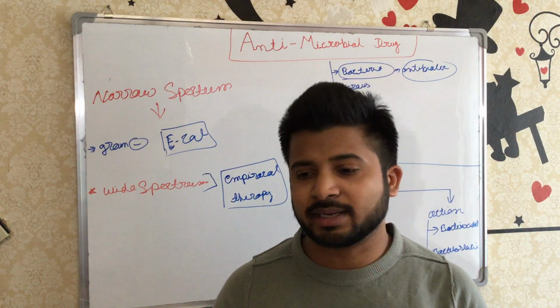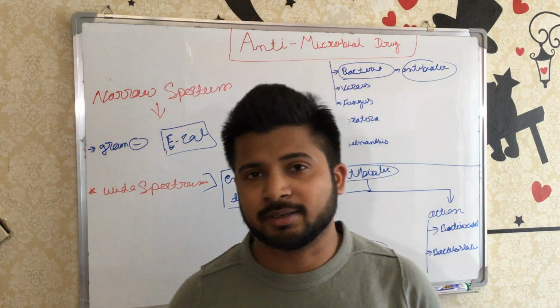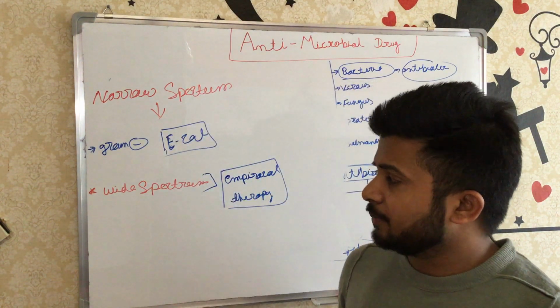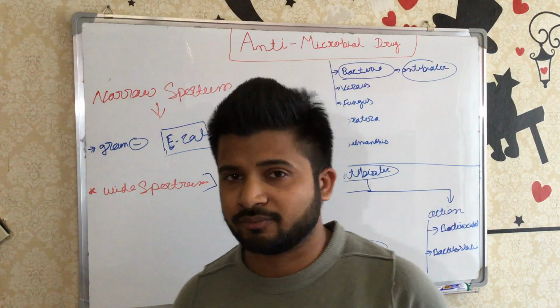We don't have time to take the person's sample and send it to the laboratory for further investigation of the bacteria. At that time we have to use an antibiotic in any case to save the person's life.